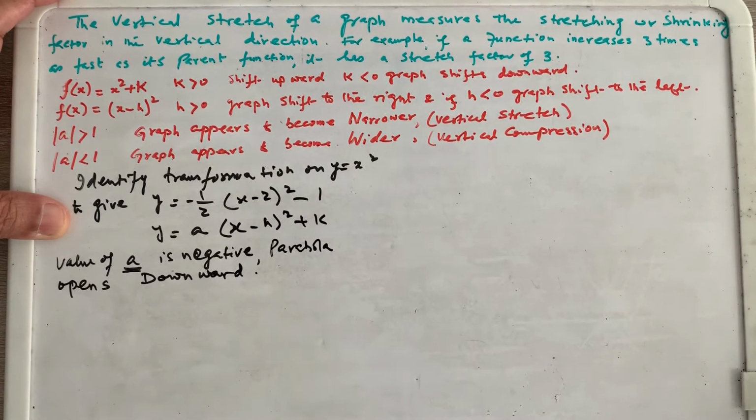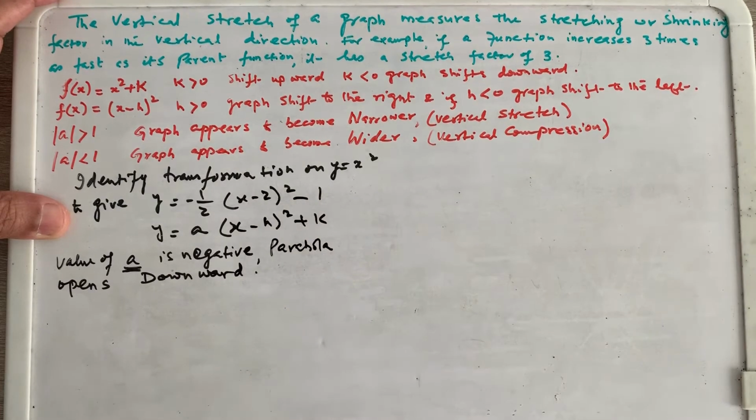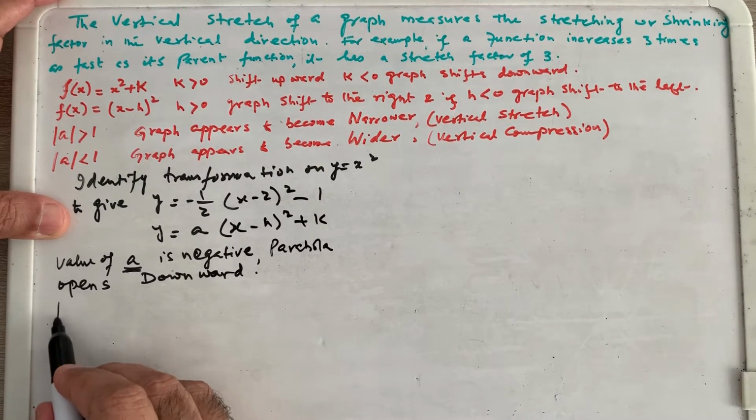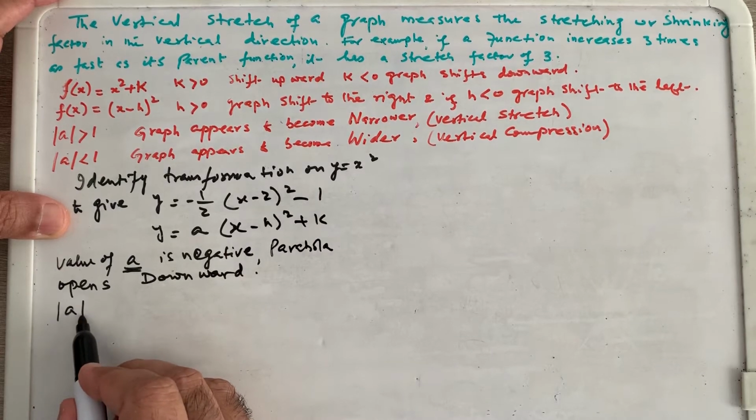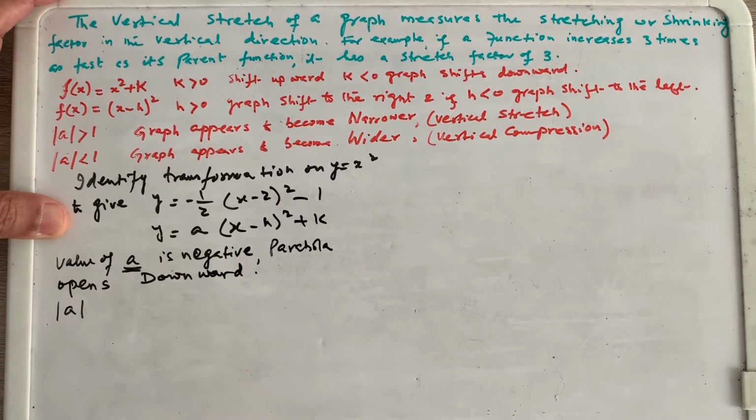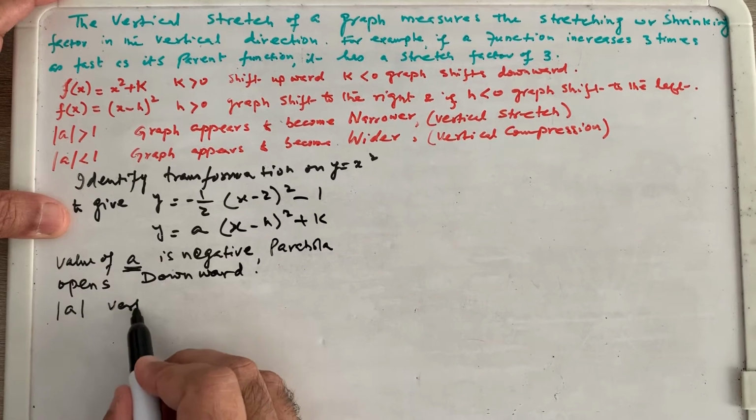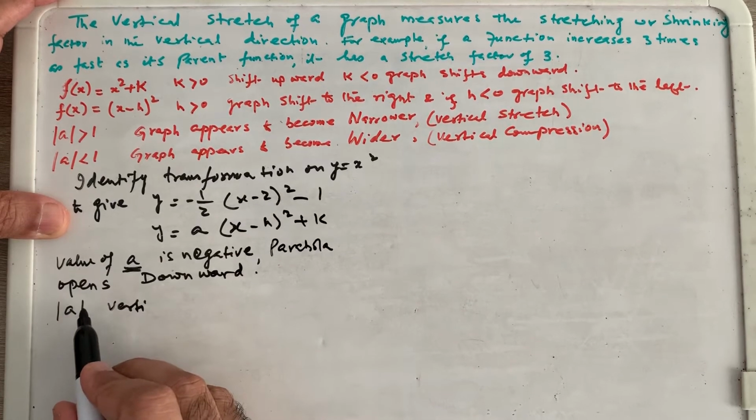Right? Now we have to see that there is a number as well. And that number is the value of a, and we are seeing that the value of a is half. That means a vertical stretch exists by the factor of half, because it is less than 1, right?